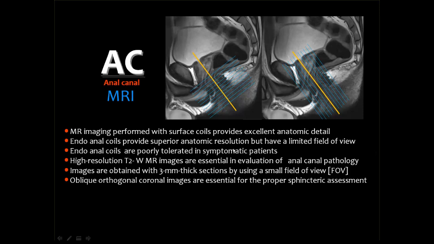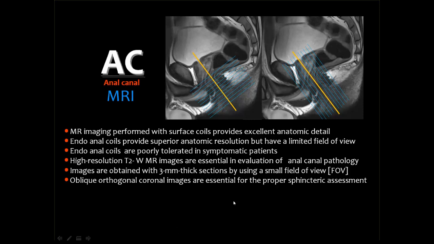Surface coil gives good anatomic details of this area, but the endoanal coils can provide superior anatomic resolution, though they have a slightly limited field of view, and they are also poorly tolerated in symptomatic patients. And you know, this area is prone to fissures, fistulae, abscesses, and many painful conditions.